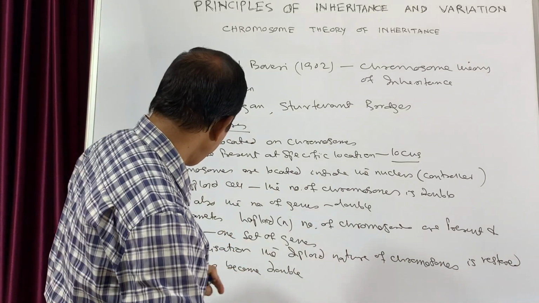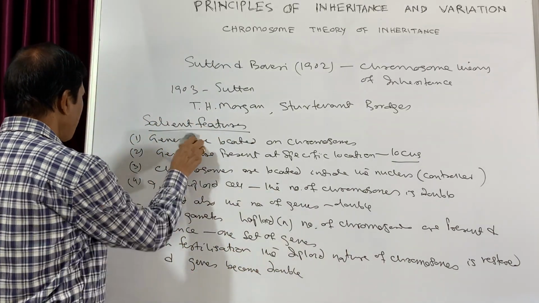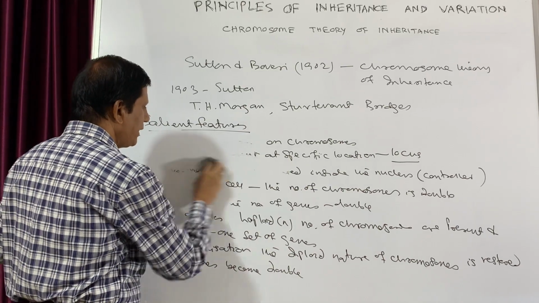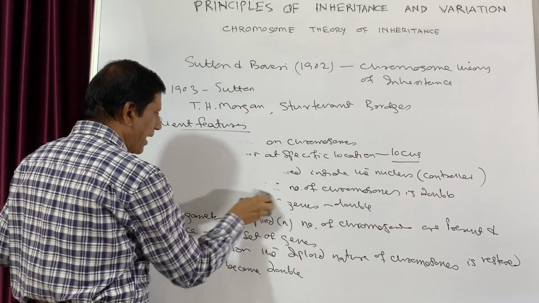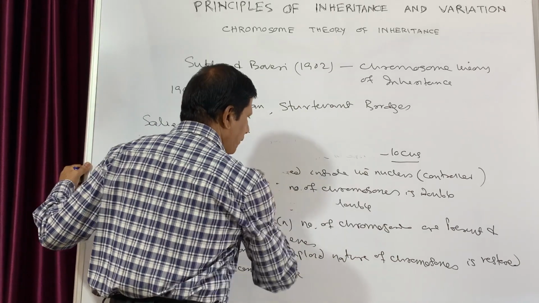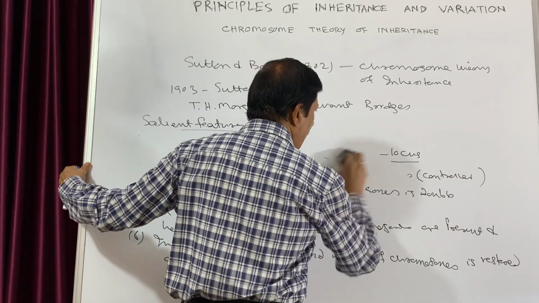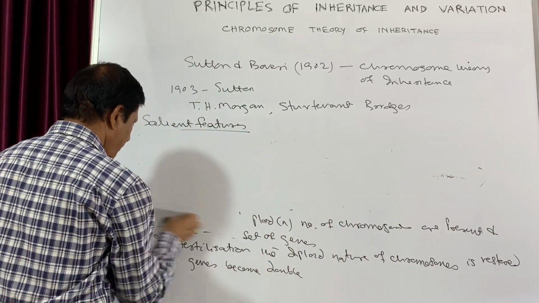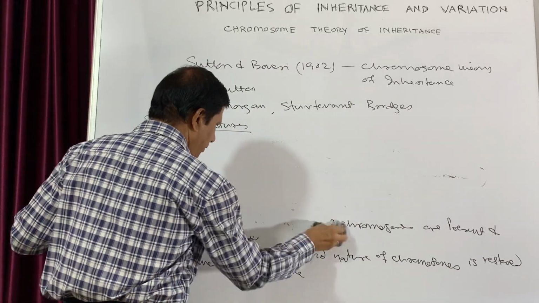Now, in addition to all these things, there are some other important points. The next important point is that there is a parallel behavior between the chromosomes and the genes during meiosis. That is one of the very important points.